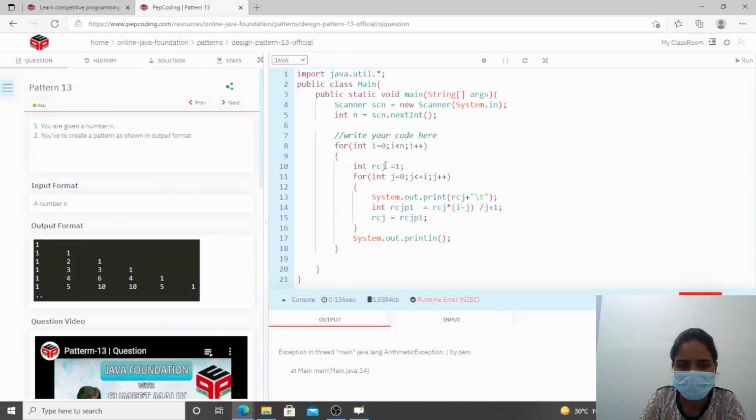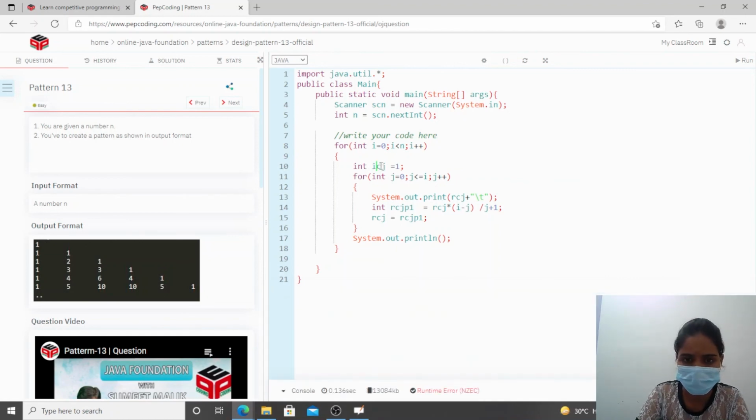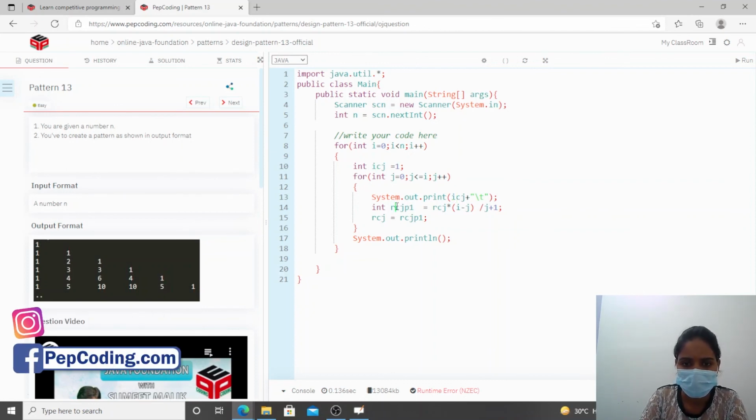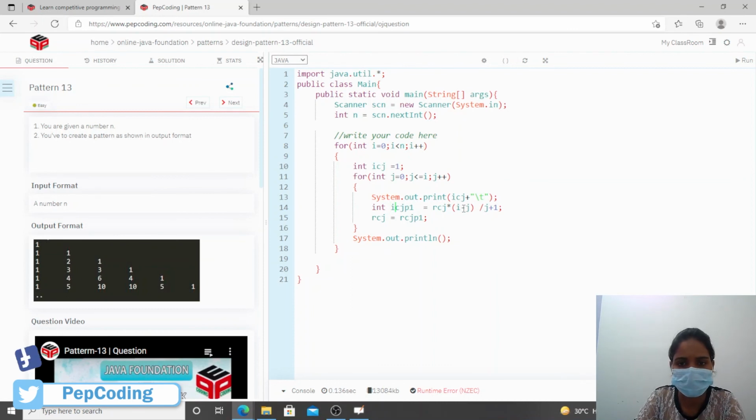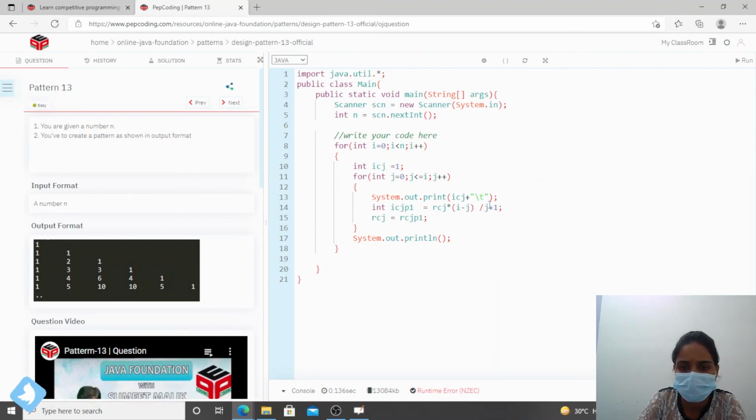Let's rename it as ICJ, then we can make it clearer for better understanding. Then ICJ plus 1 is ICJ times (I minus J) divided by J plus 1. Okay, now let's run it again.